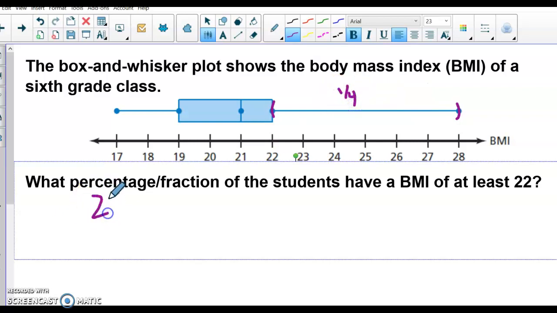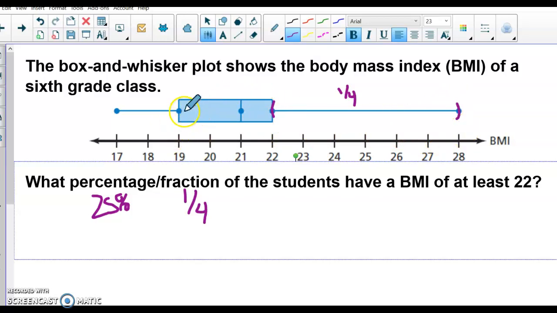So either 25% of your students have at least 22 BMI, or 1/4 as a fraction, because again it breaks it up into chunks of 4, or 1/4. You can also see that your third quartile is more spread out than your first quartile, which means there's more variability there: 22 through 28 is more spread out than 17 through 19.